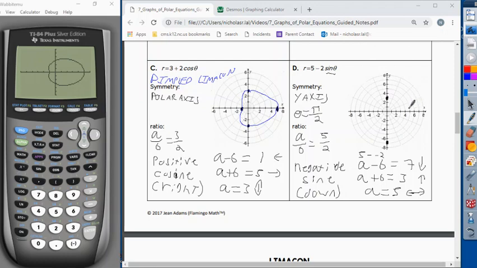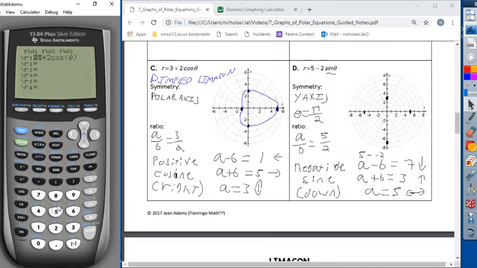And now we're going to move 5 units to the left and the right. In order to graph this, I'm going to have to change my window, so that instead of my maxes and mins being -6, they'll have to become -8 and 8.